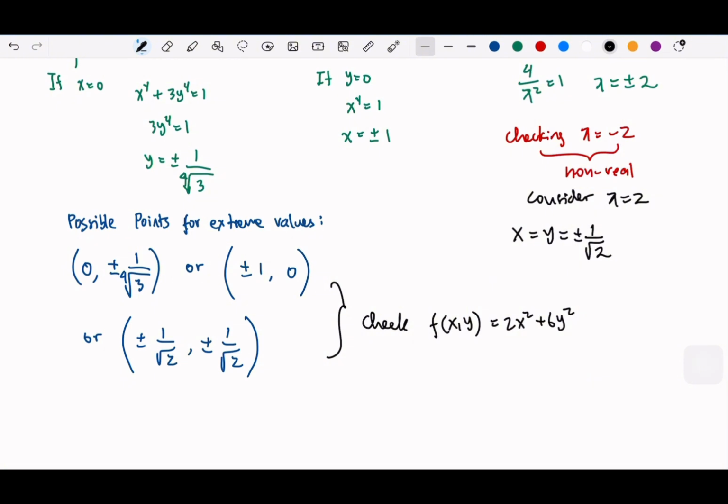So if we check this value first, this will give you 1 plus 6 and 4, right?